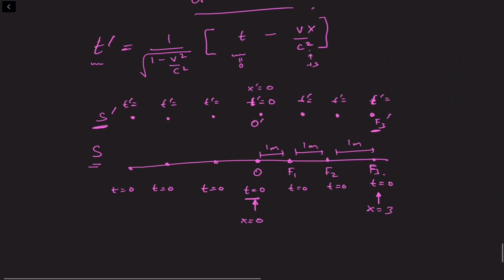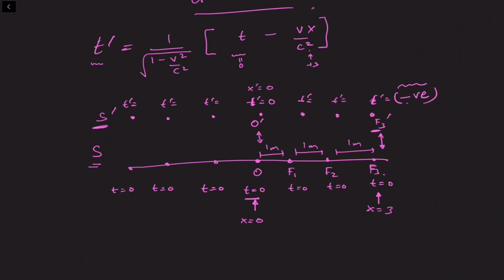So therefore this time would be negative. That is, this time would occur earlier according to the train observers compared to the event of O meeting O prime. In other words, friend 3 prime would appear to meet friend 3 before O prime met O, or before they came face to face.